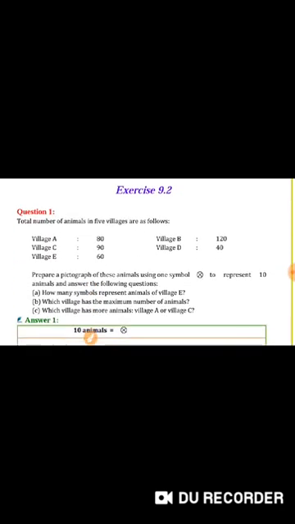So now go for the 9.2 exercise. Here it is the reverse process. Before, in exercise 9.1, they were given in a descriptive way, we made the tabular column, but here they give the tabular data and we answered the questions.